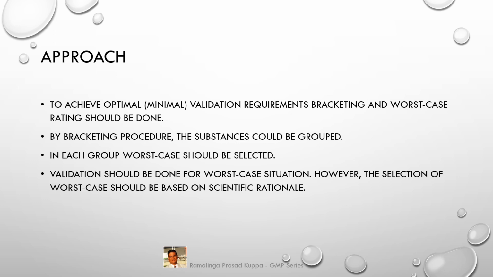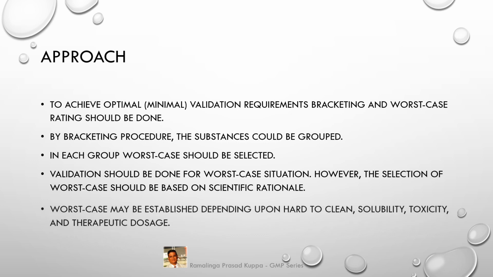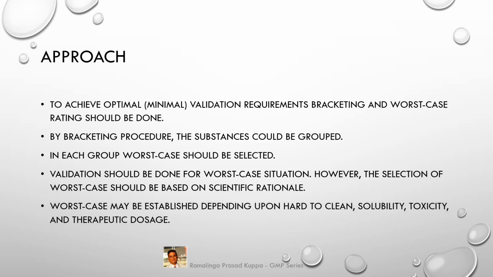So if the worst case is validated, it is considered that the system will work for all other situations. Worst case may be established depending upon hard to clean, solubility, toxicity, and therapeutic dosage. This is how the worst case is selected.